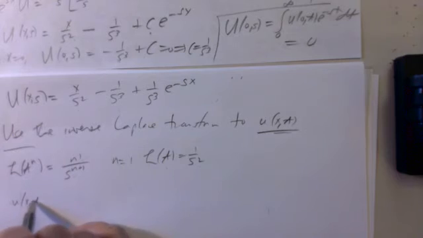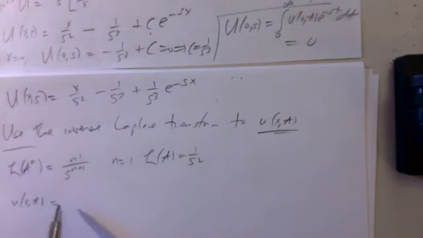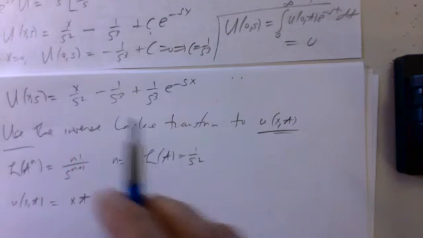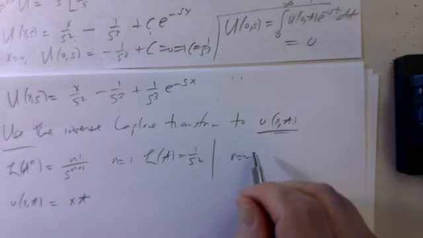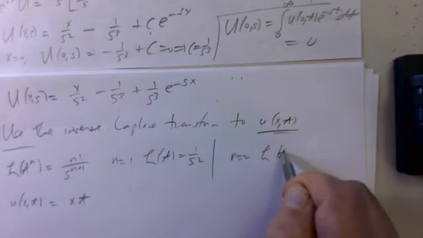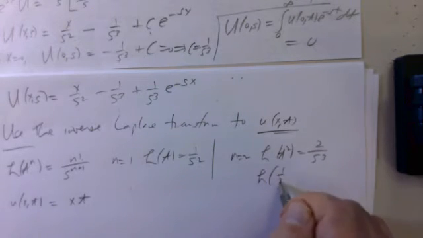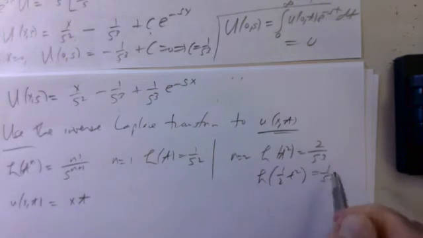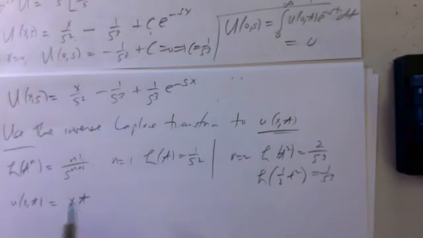So u of x comma t, this is x times 1 over s squared, that's x times t. Here I have 1 over s cubed. If I let n equal 2, I get the Laplace transform of t squared is 2 over s cubed. So the Laplace transform of a half t squared is 1 over s cubed. So this is the inverse Laplace transform of 1 over s cubed is minus a half t squared.